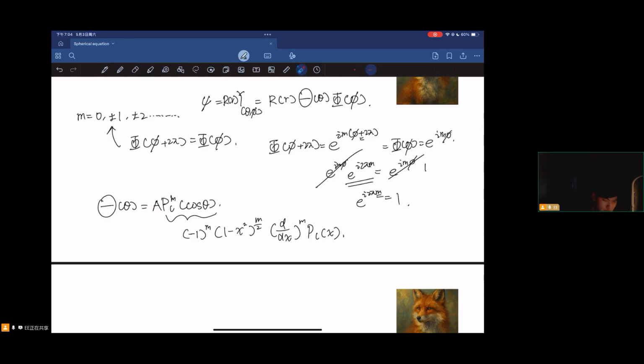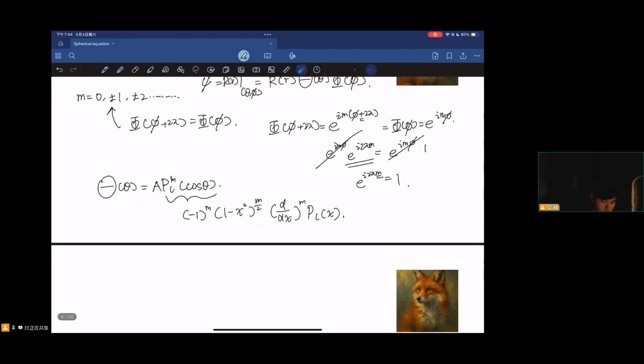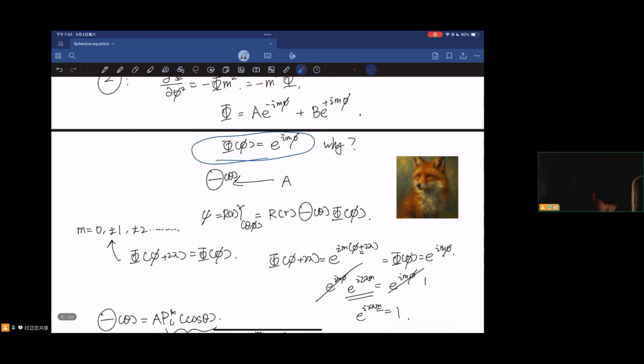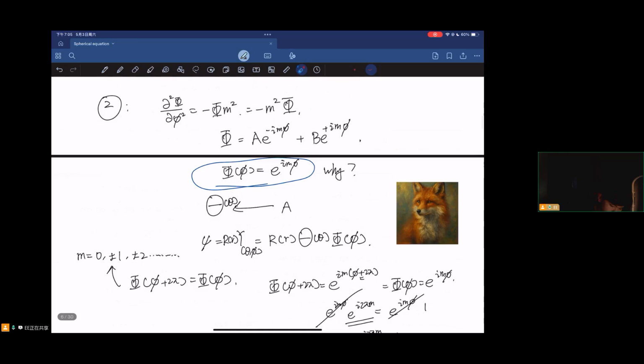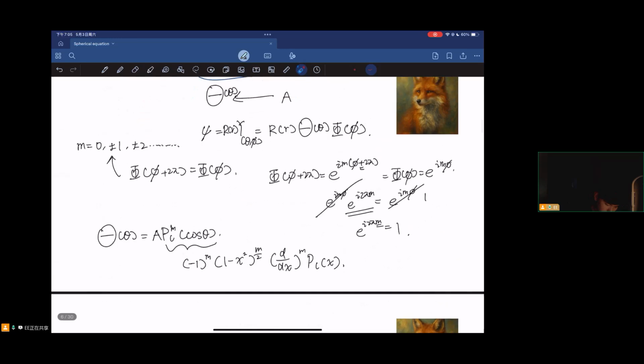And you might have one question. When we solve this kind of differential equation, we know how to solve it because we already solved it in the differential equation course. But how do we know this is the solution for the big theta function?